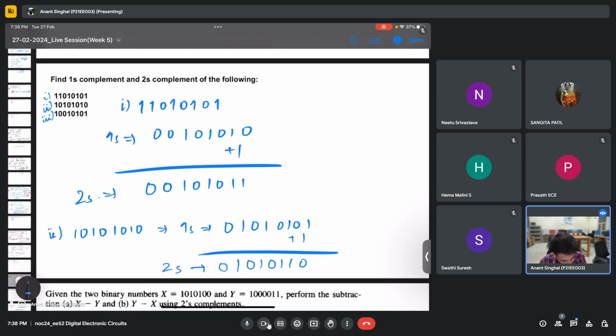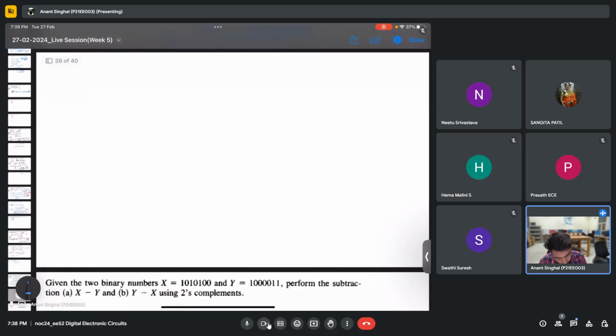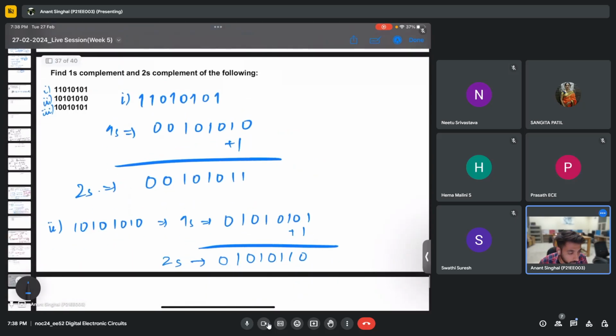Is it clear, everyone? This is quite easy, I guess. Any doubts in this? If there is no doubt, then quickly let me know the answer to the third part. Don't take much time.